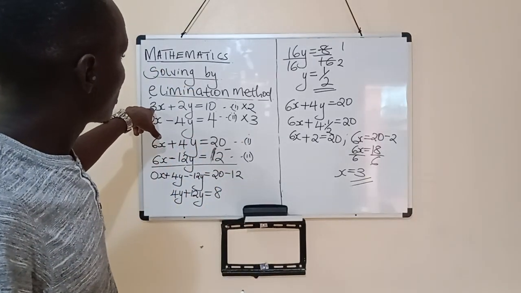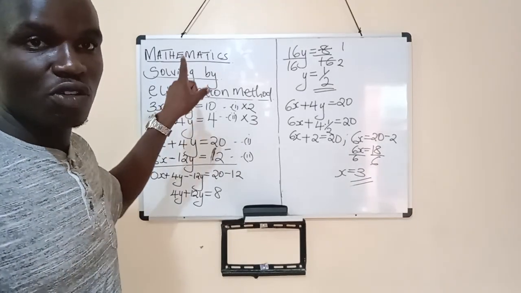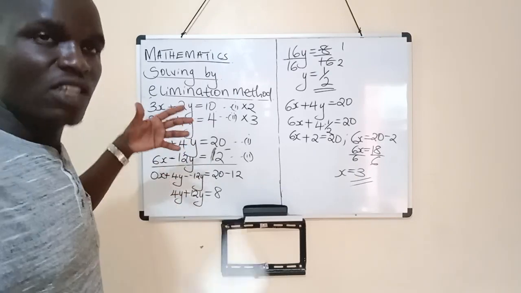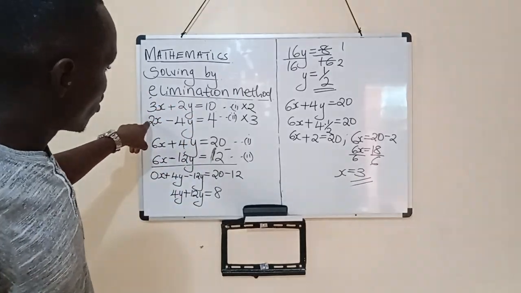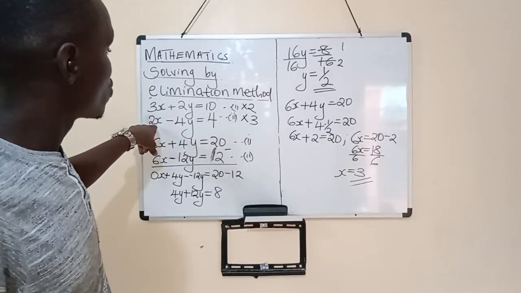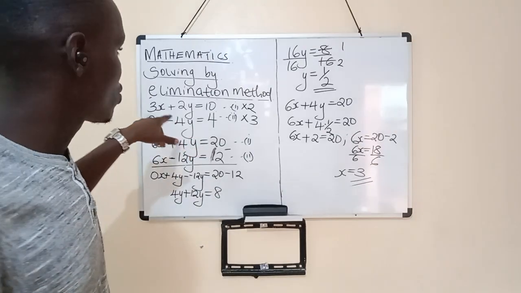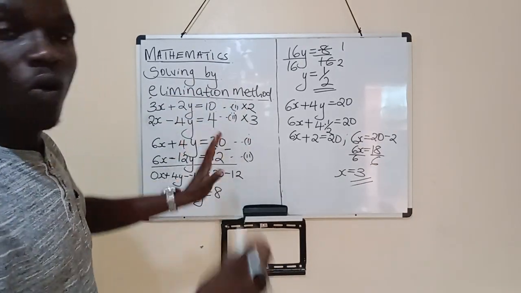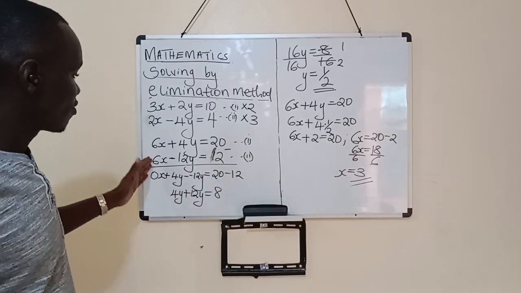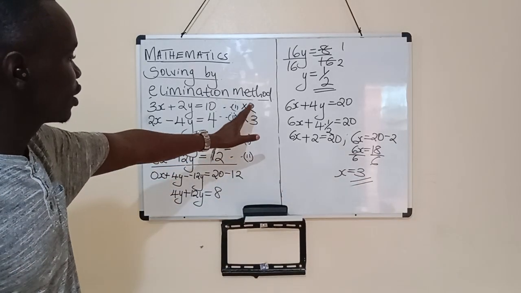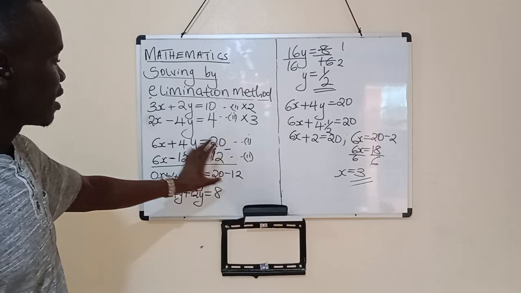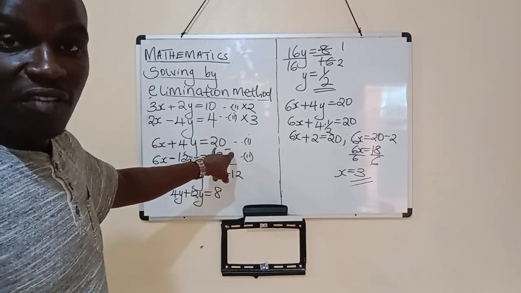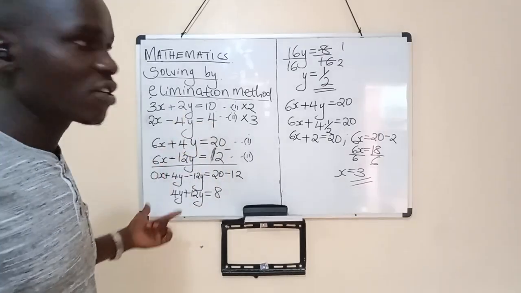You take the coefficient of the first equation and multiply it with the second equation, and the coefficient of the second equation in the first equation. When you open it by multiplication, you obtain something like this.